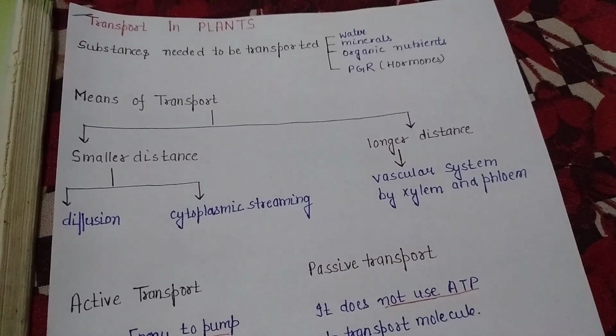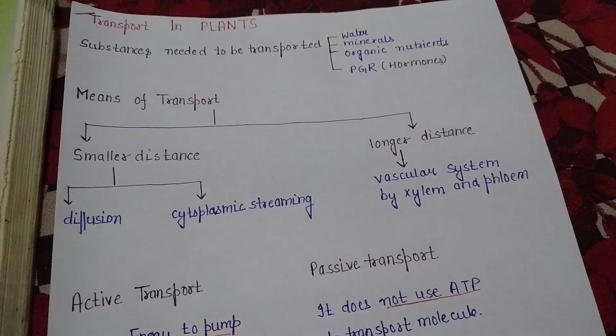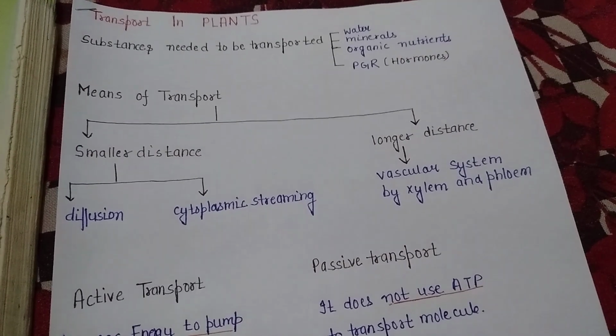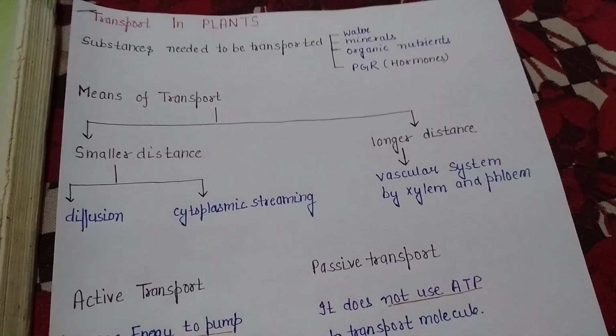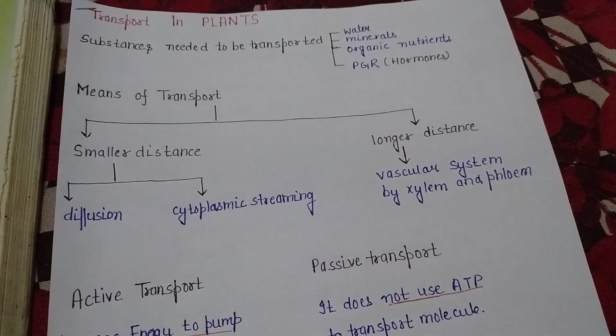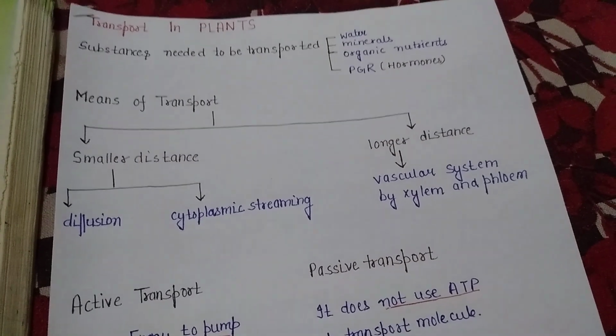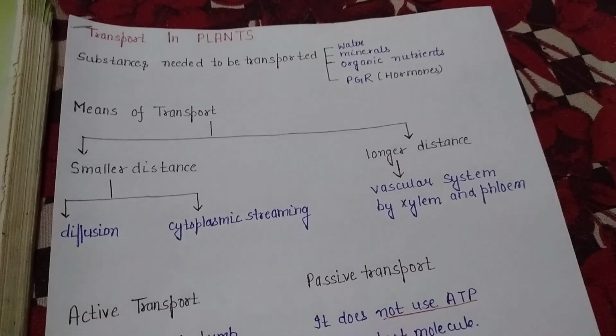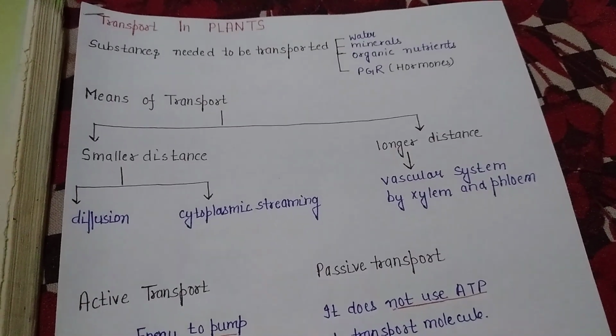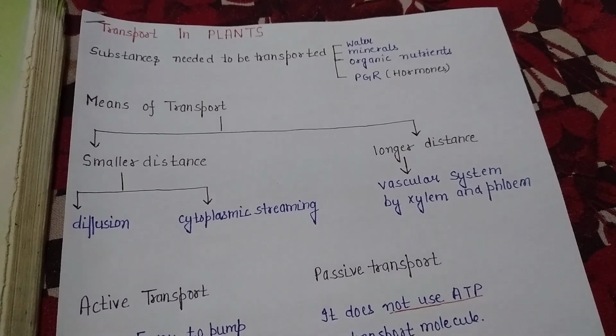Plants need to move molecules over very long distances, much more than animals do. They also do not have a circulatory system as humans have. So, in a flowering plant, the substances that need to be transported are water, minerals, organic nutrients, and plant growth hormone regulators.